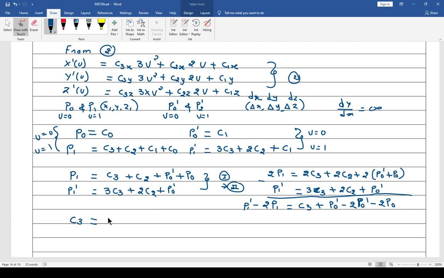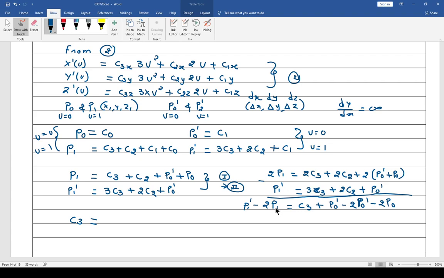From this I can rearrange. I'm trying to find out c3.